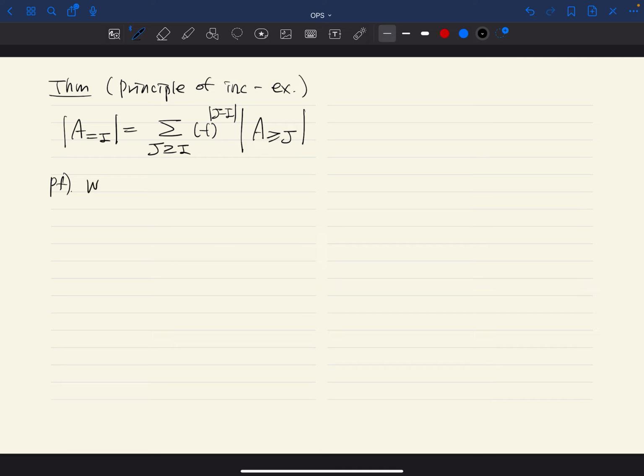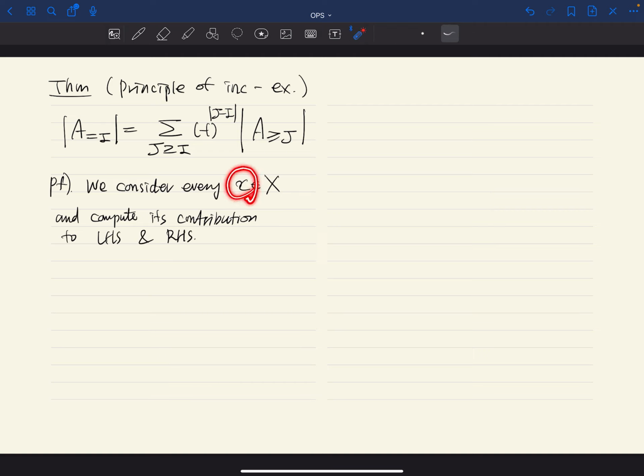We consider every element in our whole set and compute its contribution to the left-hand side and right-hand side. How much does this element contribute?